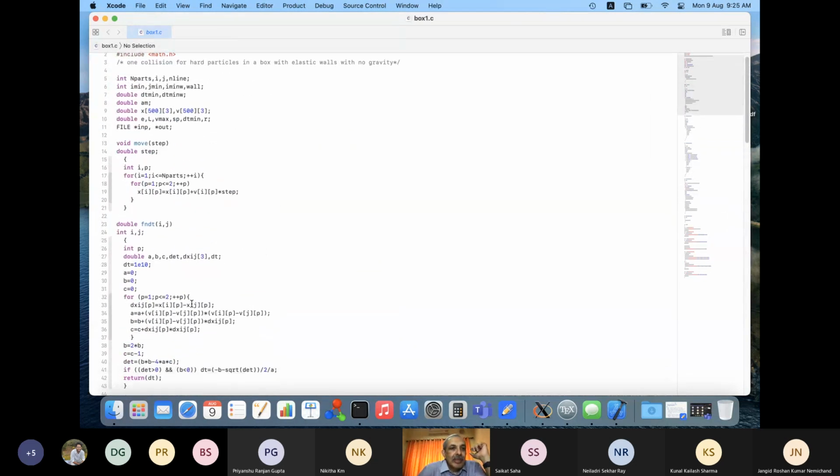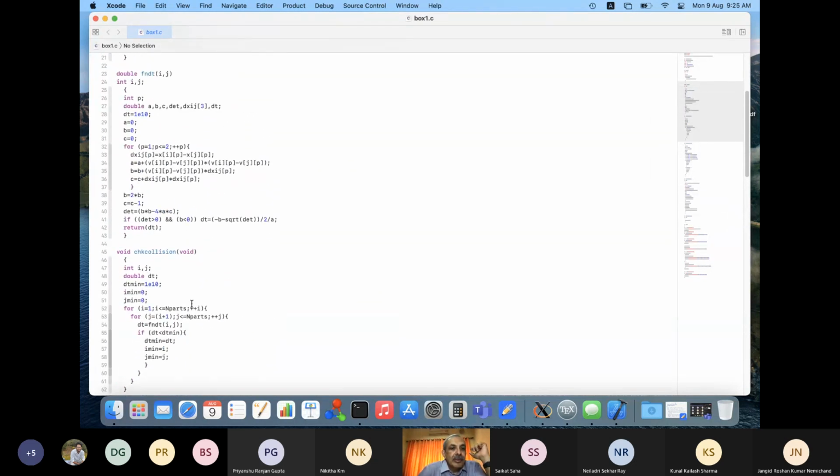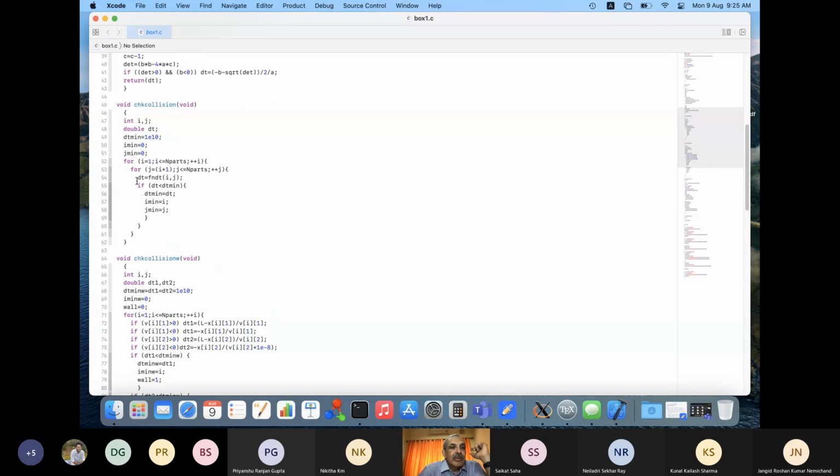And here is the way that we check for collisions. Well, we go for I going from 1 to the number of particles. This is a do loop. Then there's another do loop which goes from I plus 1 to n parts, because you have to check I versus J, but you don't need to check it twice.